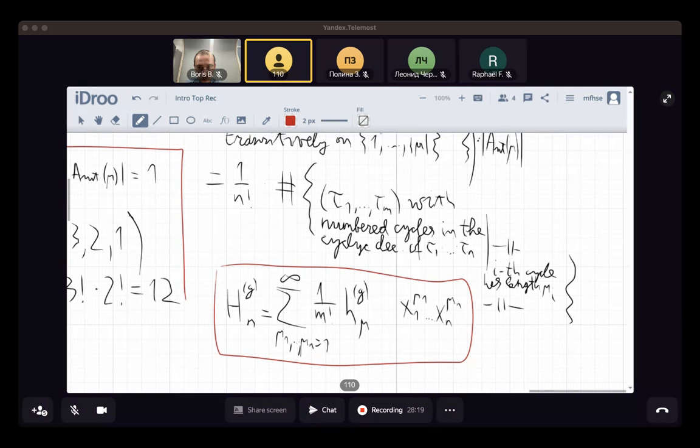So maybe let's do this. Let's move 1 over m factorial over there, because in the future it may be useful to write it in this way. But I think if you look up our paper, for instance, on the tau functions, we do not have 1 over m factorial there in the general case.